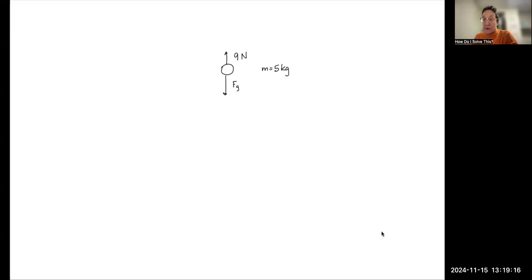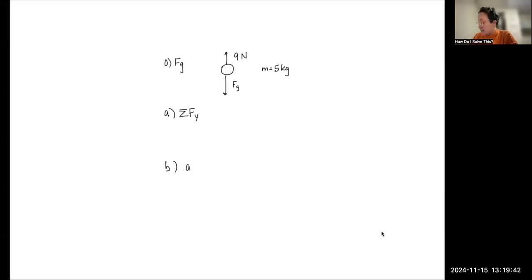And so I'm going to ask 3 questions here. So what is that net force? And here, we're interested in the direction of motion, so we're interested in the net force in the y direction. And then we're also going to look for the acceleration. But before we can do any of that, step 0 is we have to calculate the force of gravity on this object.